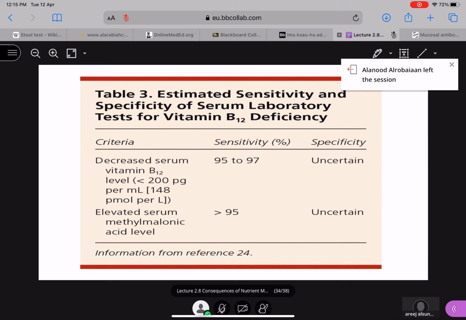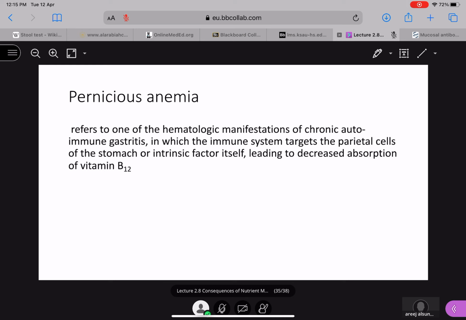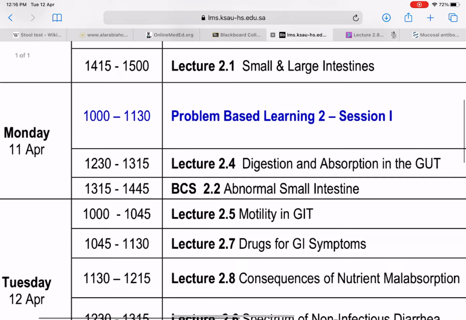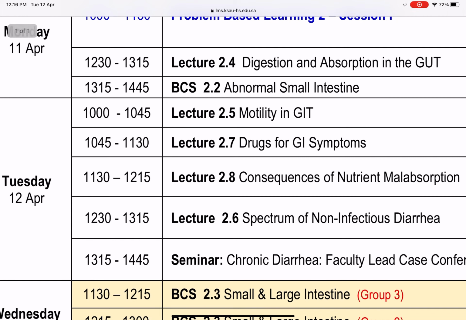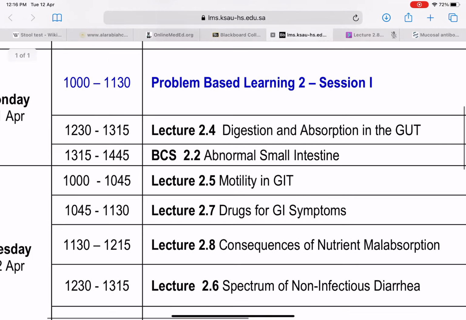So if you have a B12 deficiency, then the methylmalonic acid will be high. What is pernicious anemia? Pernicious anemia is a chronic autoimmune gastritis where the immune system targets the parietal cells of the stomach. So there will be no intrinsic factor, and this will result in B12 deficiency.